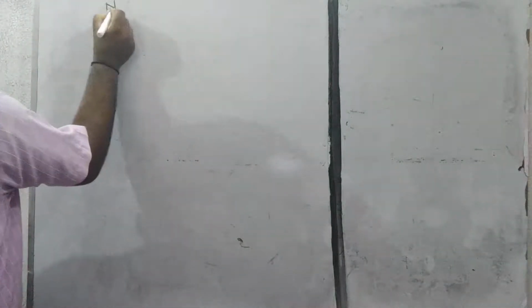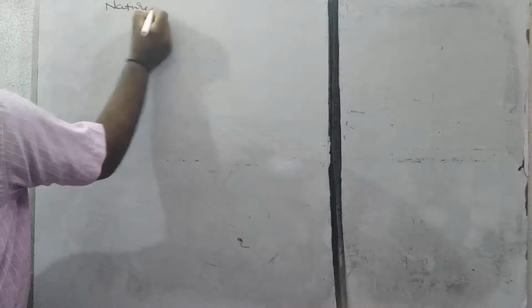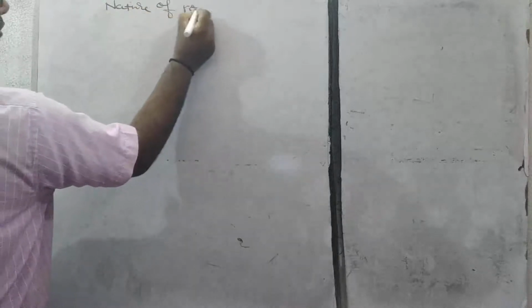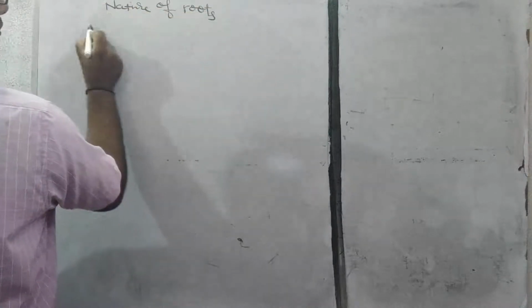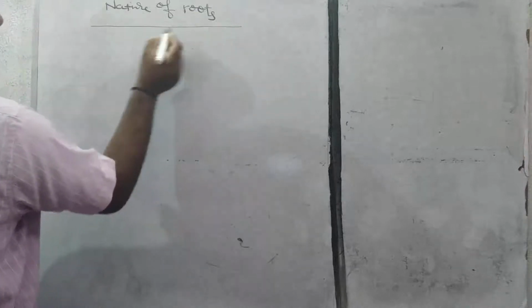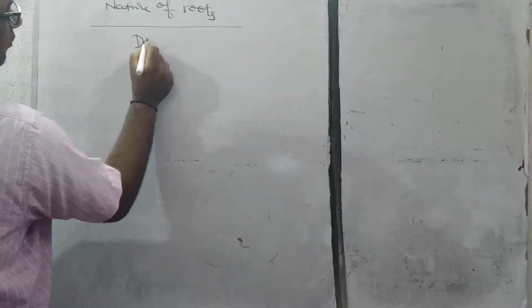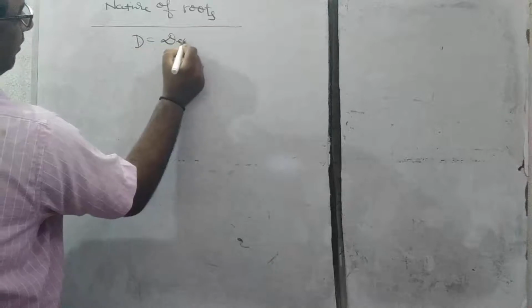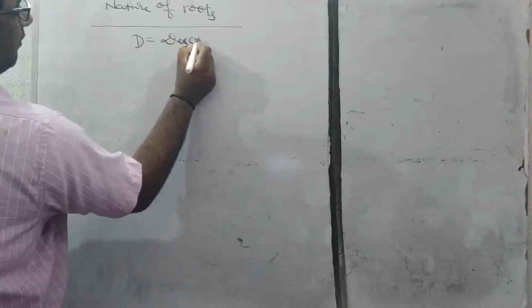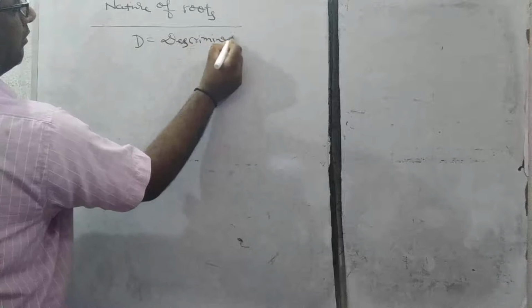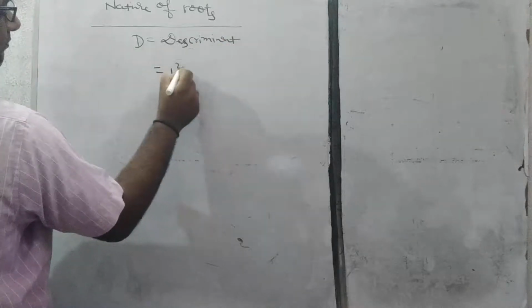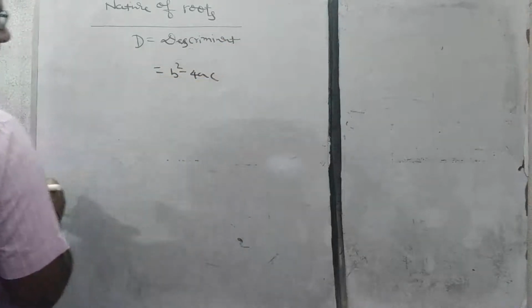Now, nature of roots. The nature of roots of a quadratic equation depends upon the term discriminant, and it is defined as b square minus 4ac.